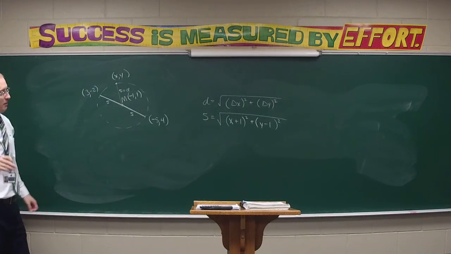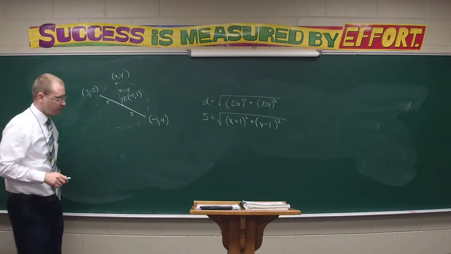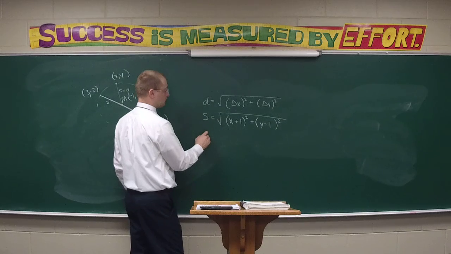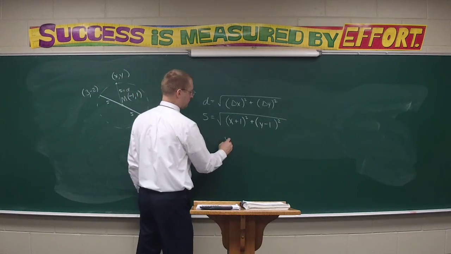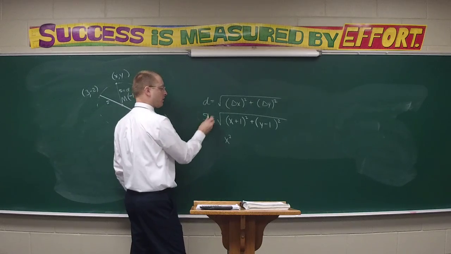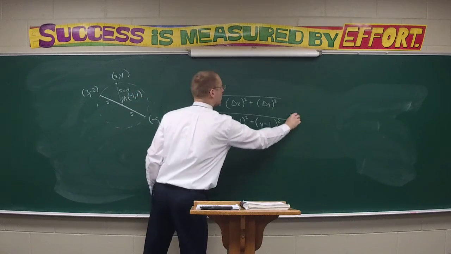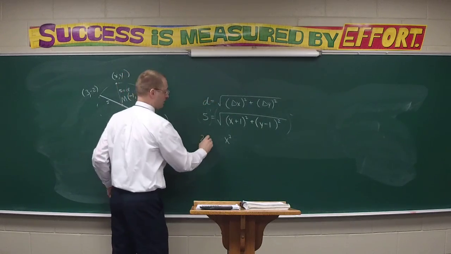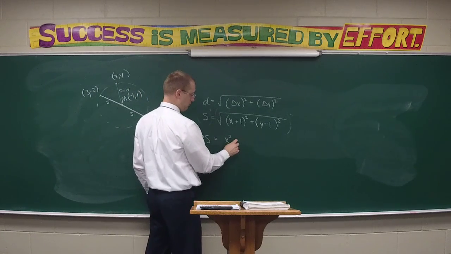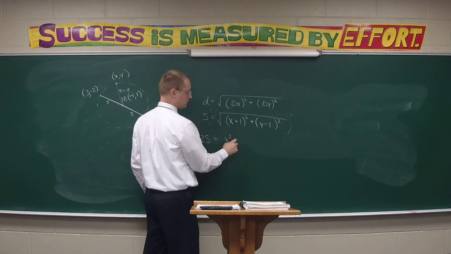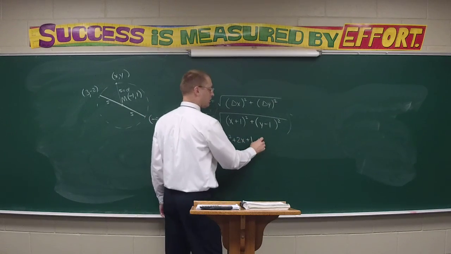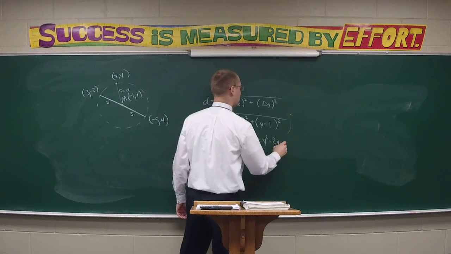As we finish out here, Jamie, what should I do next? We should square the binomials and get 25 equals the binomial squares, x squared plus 2x plus 1 and y squared minus 2y plus 1.